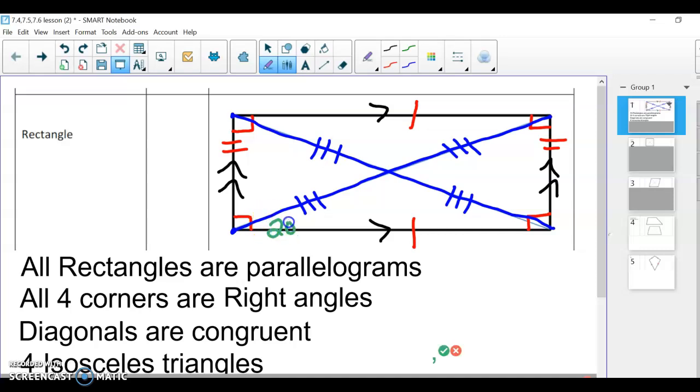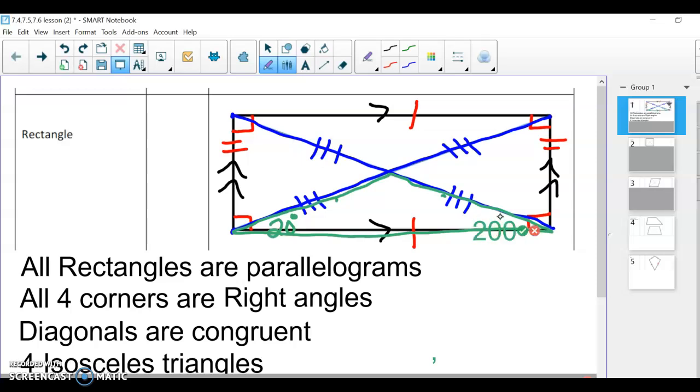If this angle down here was 20 degrees, then if I take a look at this triangle here, because this piece here and this piece here are equal, then that triangle is isosceles. So if the lower left corner is 20, then the lower right corner would also have to be 20.